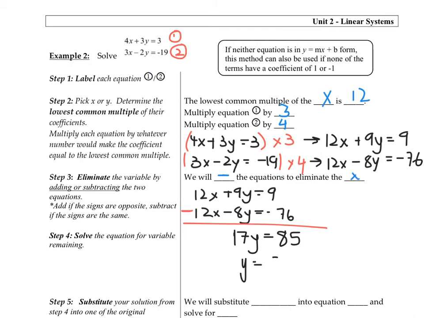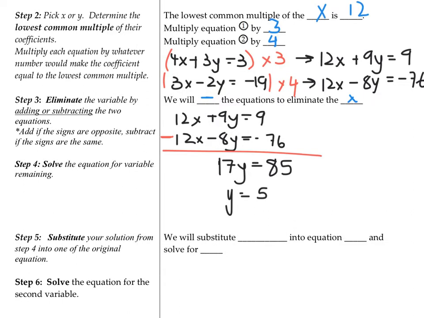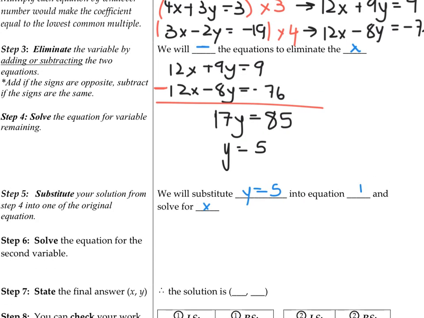Y equals 5. And now I can sub this y equals 5 into either equation, 1 or 2. I'll just go into 1 so that I can solve for my x variable. This step is very similar to substitution. So I have 4x plus 3 times 5 equals 3.